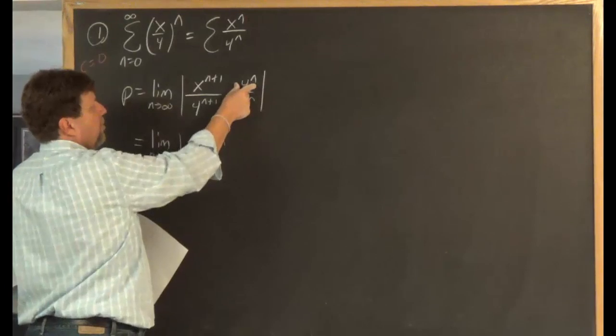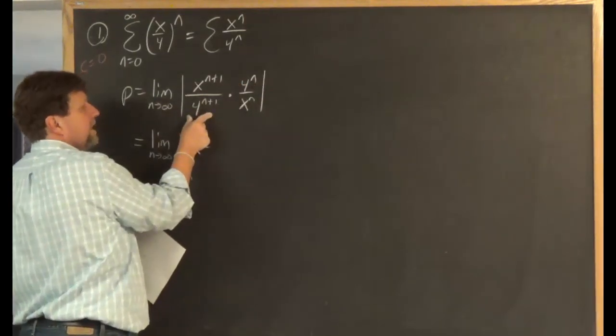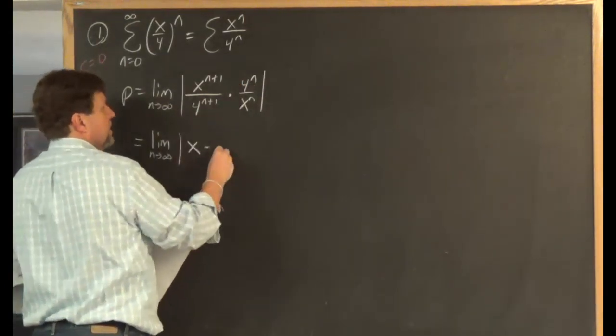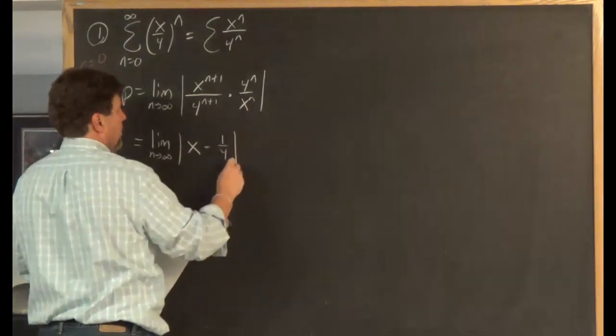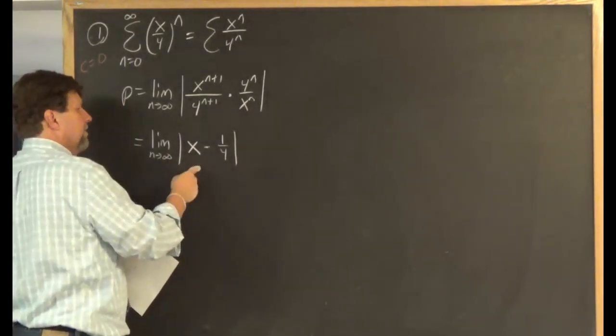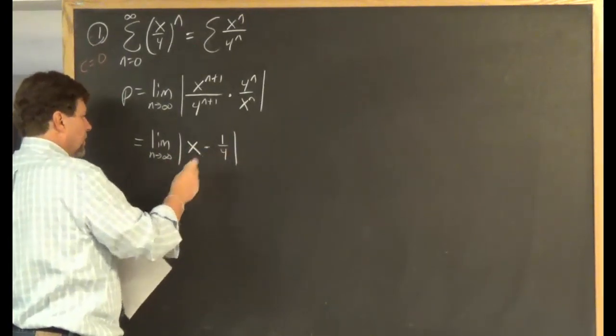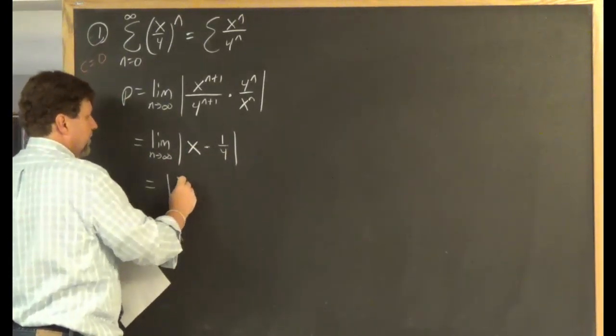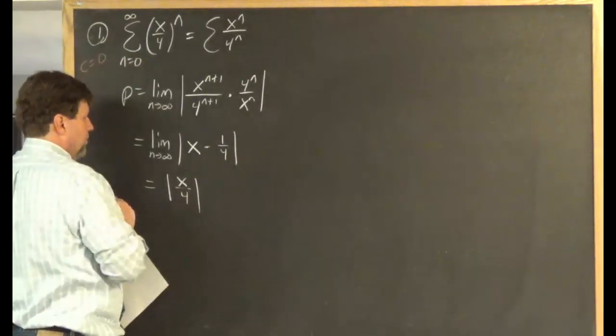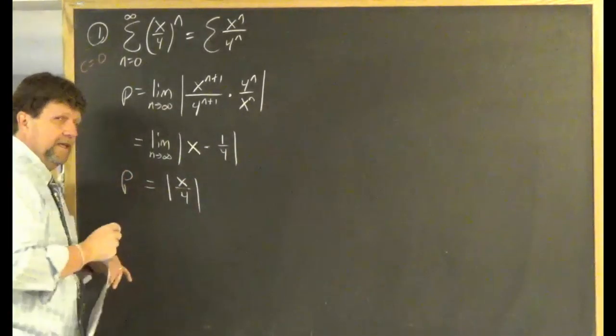And we should know 4 to the n over 4 to the n plus 1 is going to simplify to 1/4. So the limit as n goes to infinity of absolute value of x times 1/4 is just the absolute value of x over 4. That's what p is equal to.